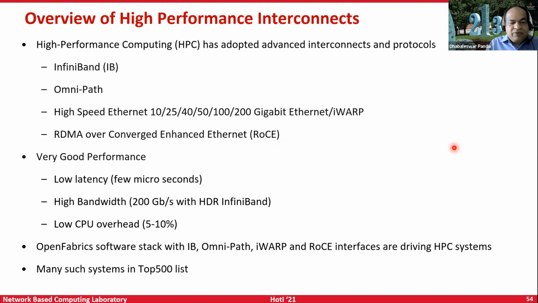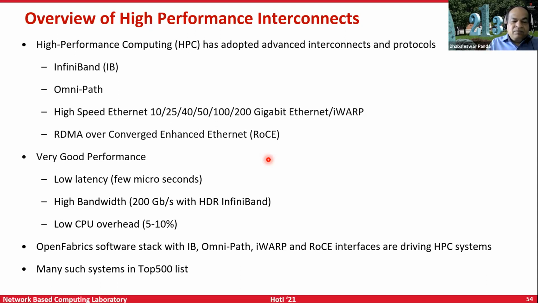On the interconnect side, many of you must be familiar now with InfiniBand. This technology has been there for 20 years. OmniPath has also been there for many years. High-speed Ethernet, RDMA over Converged Enhanced Ethernet, RoCE. All these networking technologies provide very good performance. These days, from node to node, you can get even less than 1 microsecond latency, and with InfiniBand HDR, you can get 200 gigabits per second.